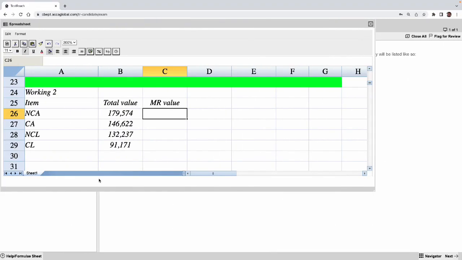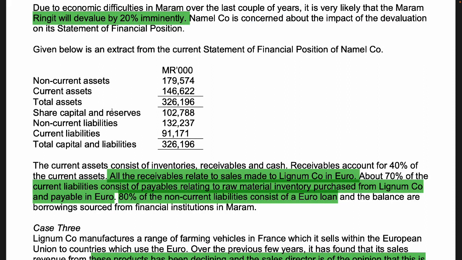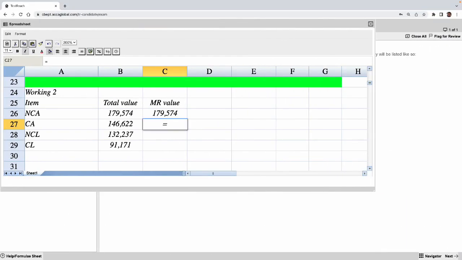So this one is 100%. Receivables account for 40% of current asset. All receivables are made in euros, so only 60% is exposed.